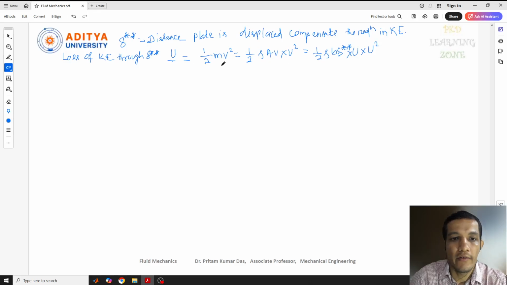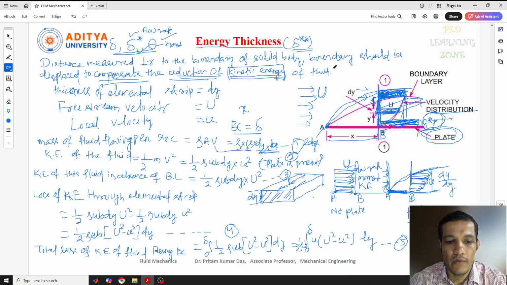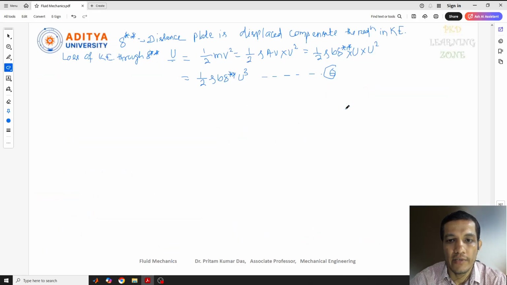So this is the loss of kinetic energy through delta double star: half into rho into b delta double star, into U square into U, that is U cube. This one we can call equation 6. The previous one was 5, now 6.